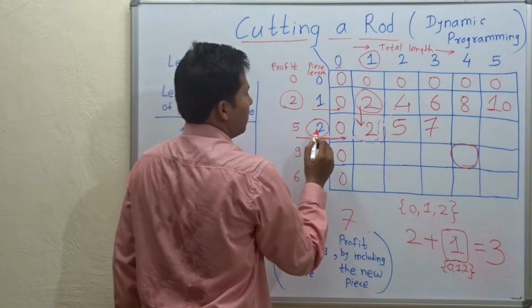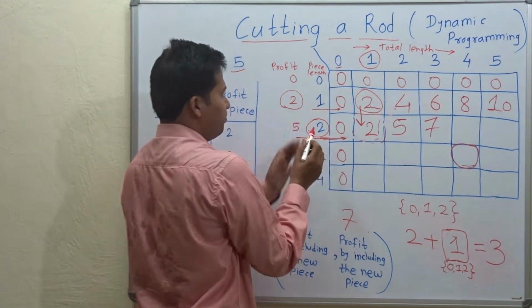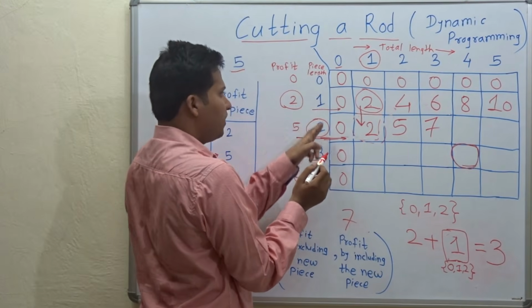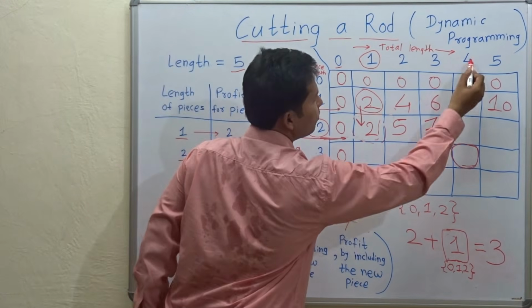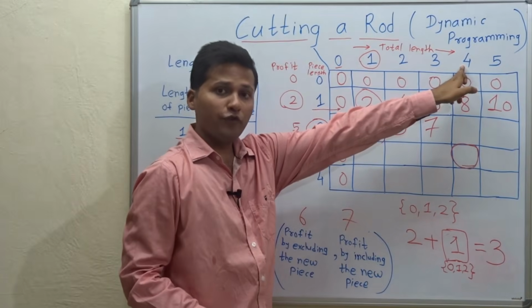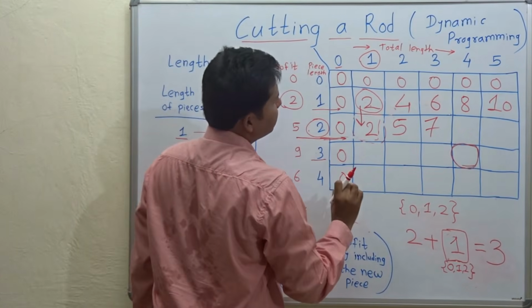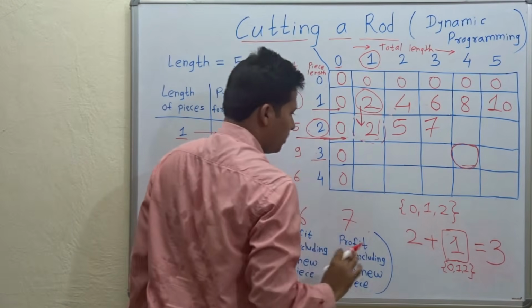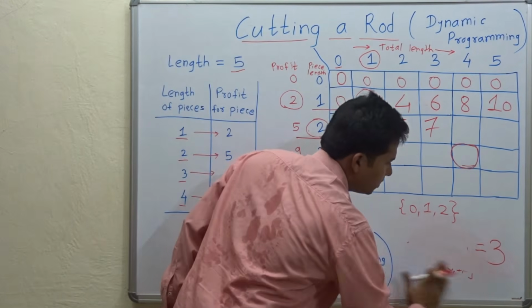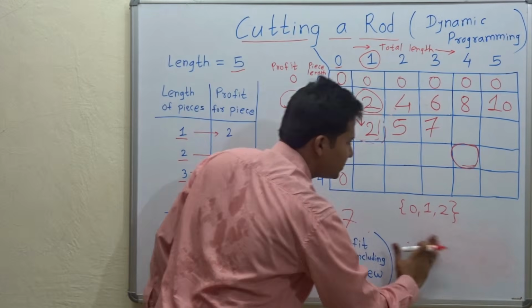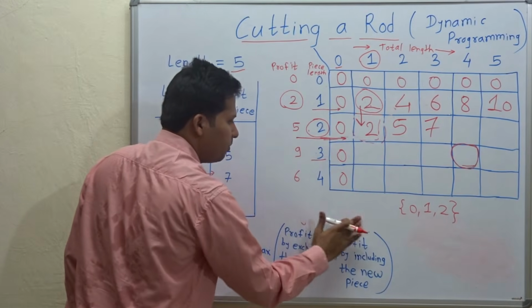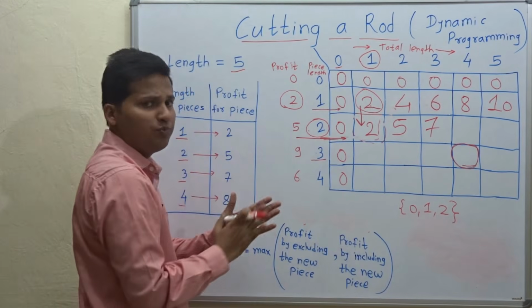So now you have the pieces of length 0, 1, 2 and you want to make a total of 4. So now by using these pieces, how can you make 4? So again, let's first exclude that piece, means we will not use this new piece.